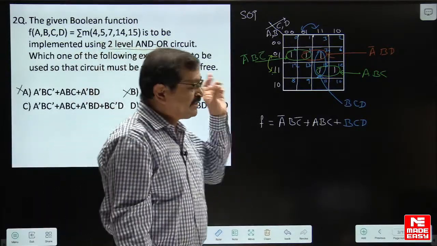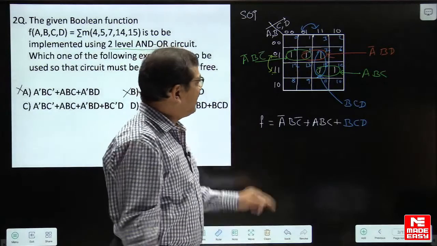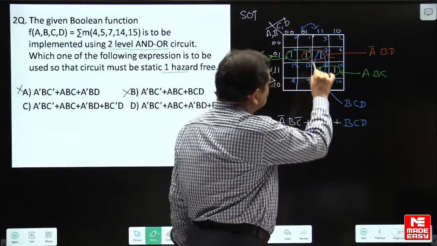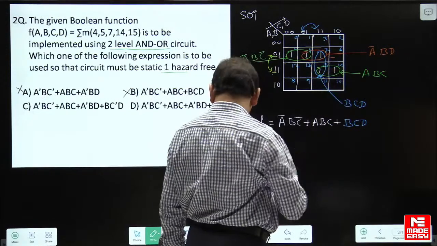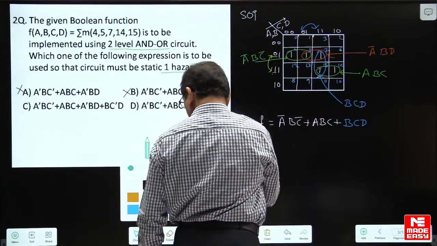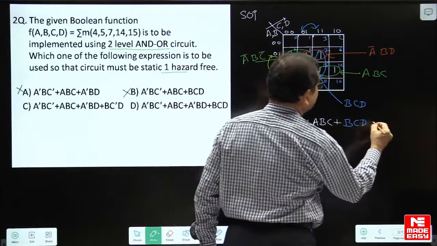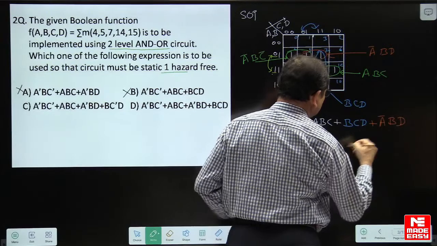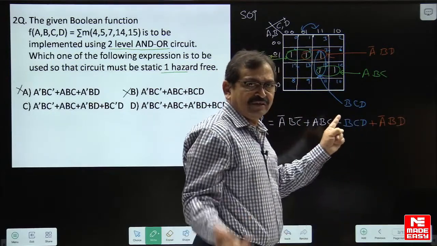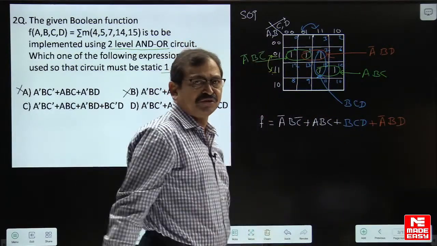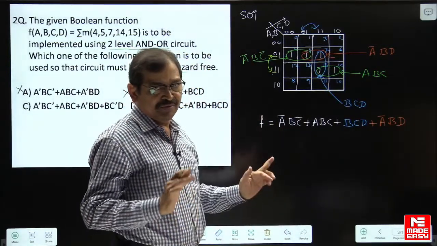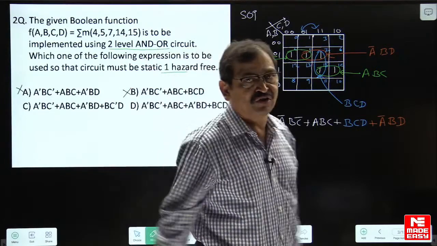If we want to make the circuit hazard free, then apart from these essential prime implicants, we are required to use this A complement BD product as well. When this SOP expression is used for realizing the circuit, it will definitely be a two-level AND/OR circuit, and because of this expression, the circuit will be hazard free.